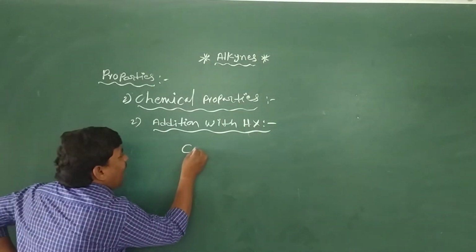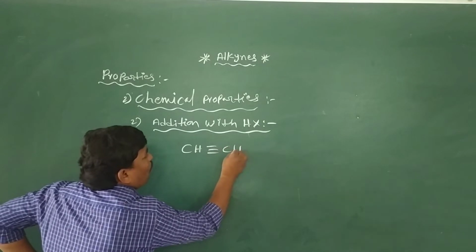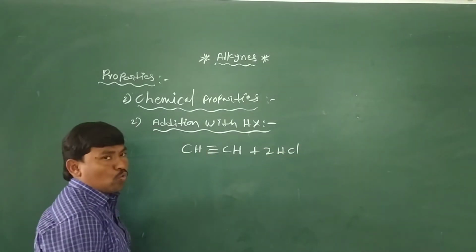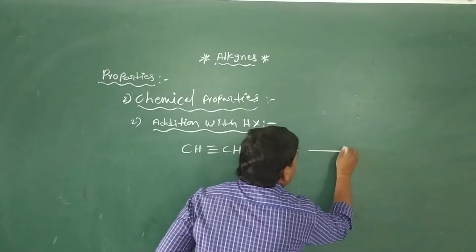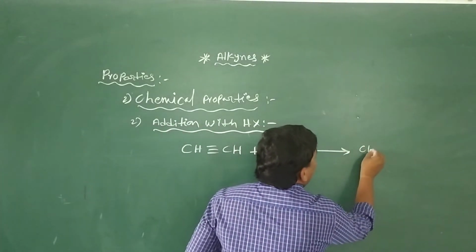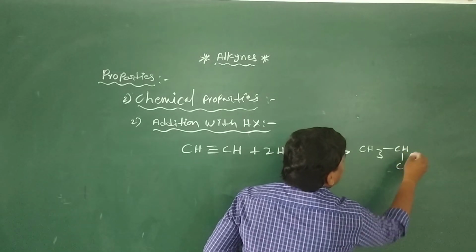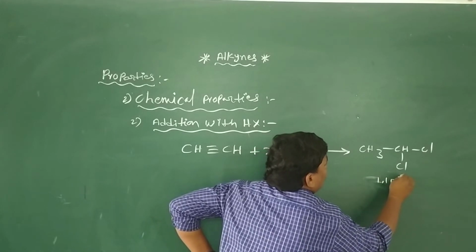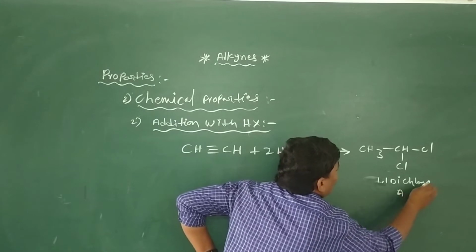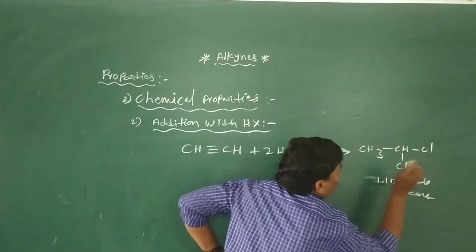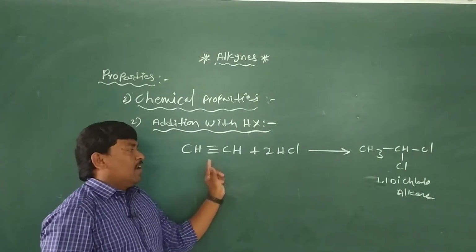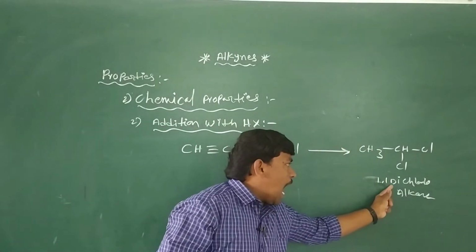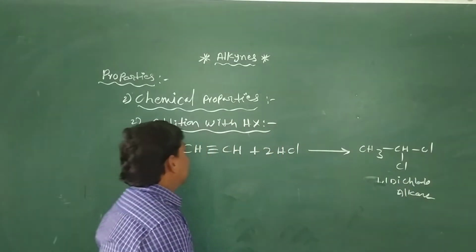For example, this alkyne reacted with 2 moles of hydrohalide forms CH3-CHCl2, a 1,1-dichloroalkane. An alkyne reacted with 2 moles of hydrogen halide gives 1,1-dichloroalkane. This is the reaction.